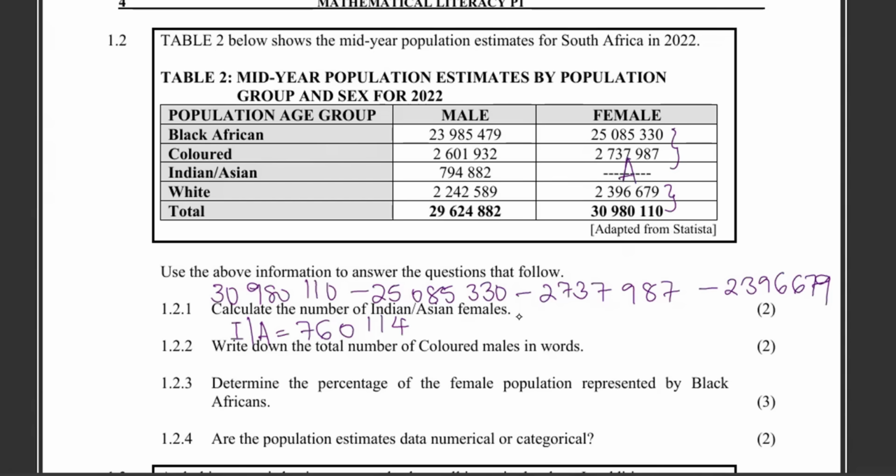Write down the total number of colored males. These are the ones that's what we are looking at.